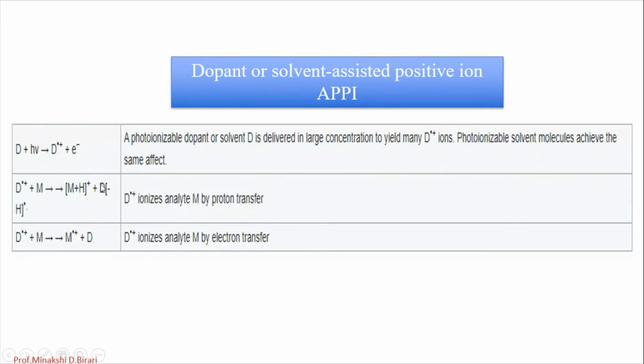Then these molecular cations of the dopant ionize the analyte M by proton transfer, or again by electron transfer. Here, the dopant used for this process may be toluene, and toluene is used as a dopant agent to increase the percentage of molecular ion.